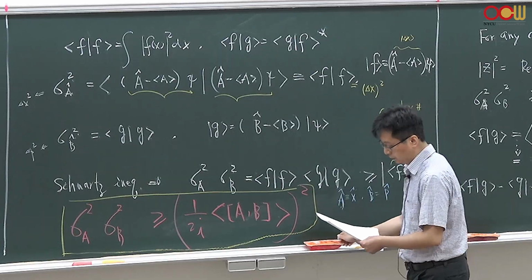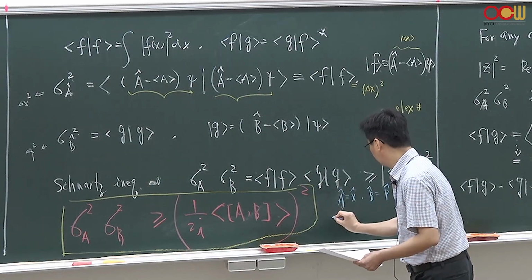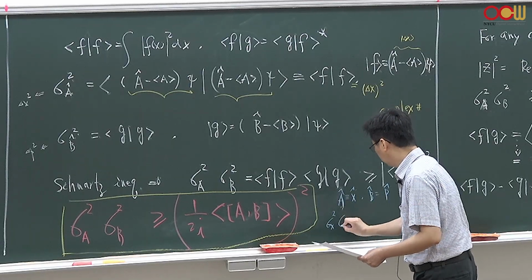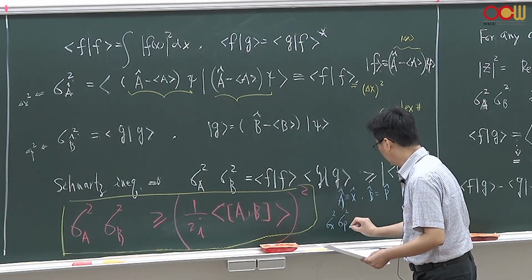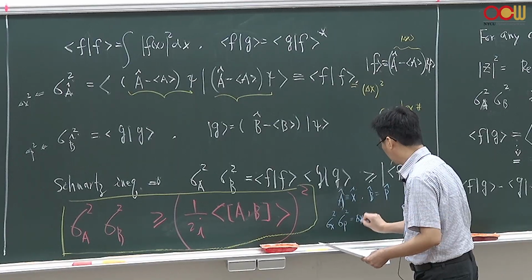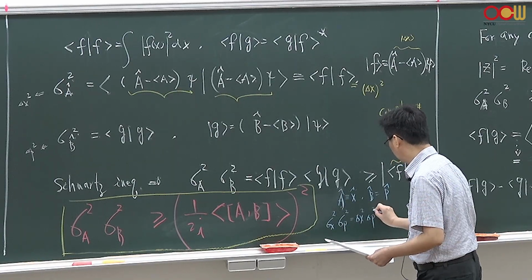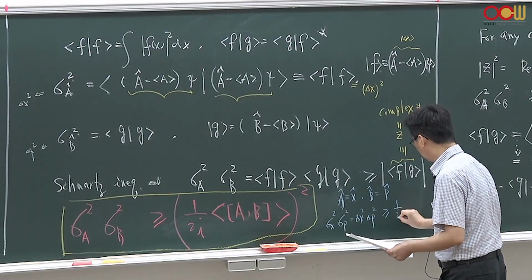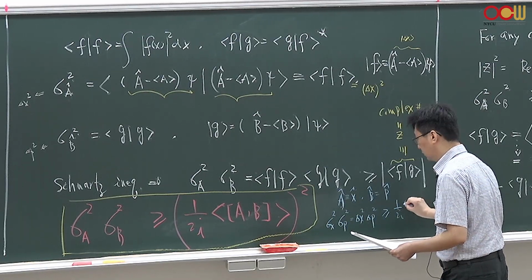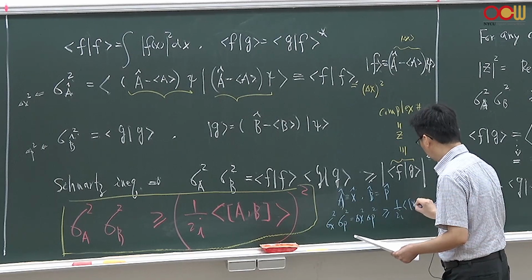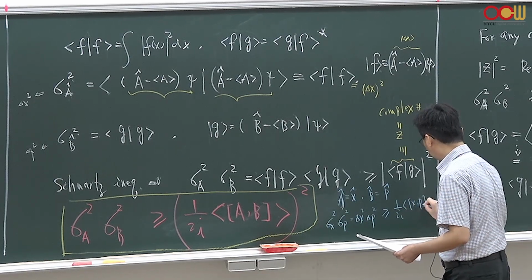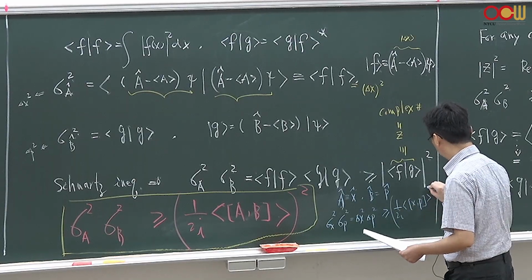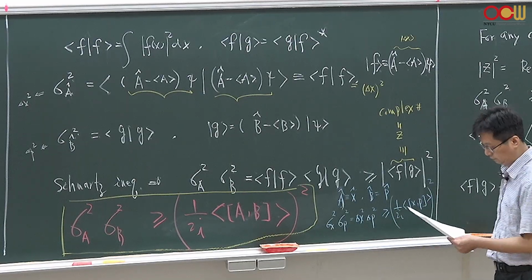So I get sigma x squared times sigma p squared, which is delta x squared times delta p squared, is greater than or equal to 1 over 2i times the expectation value of the commutator between x and p, and you square this thing.